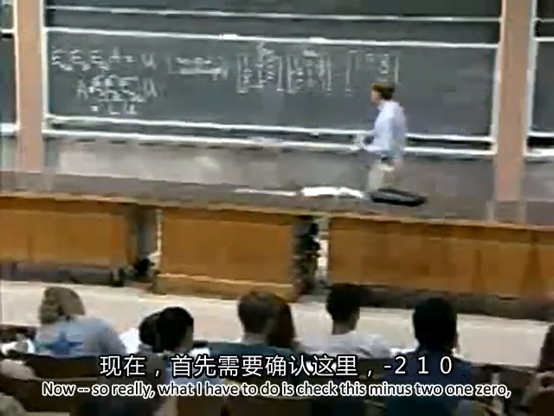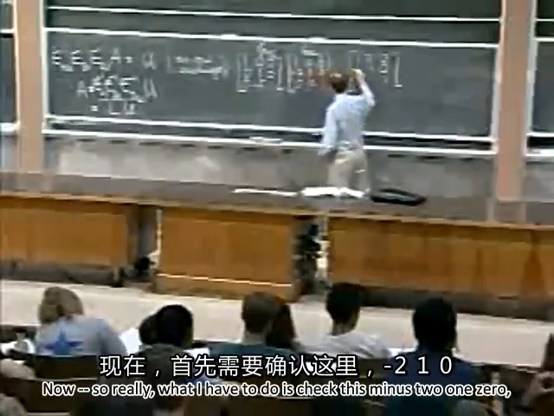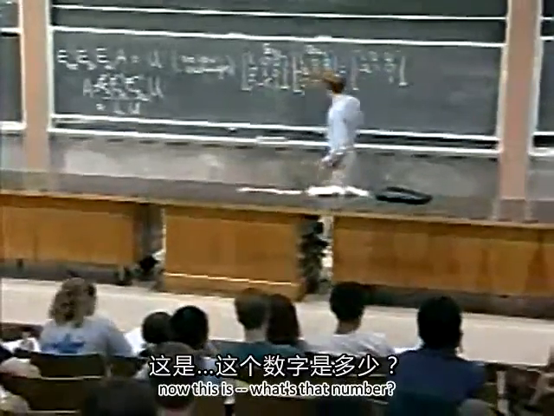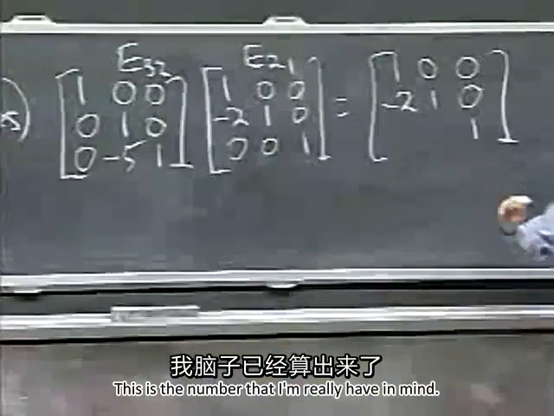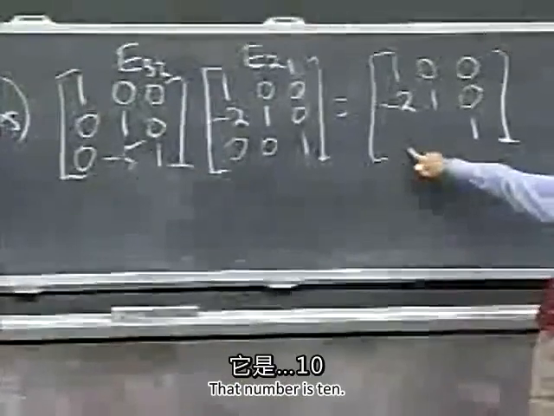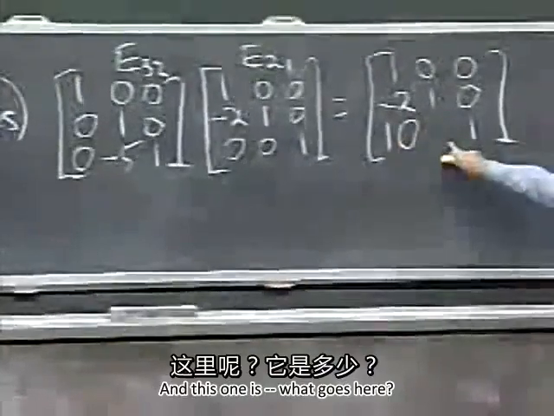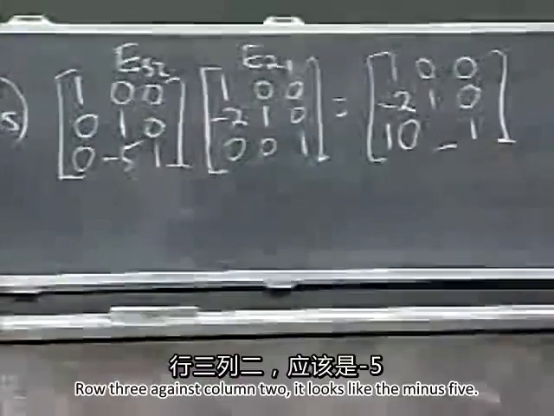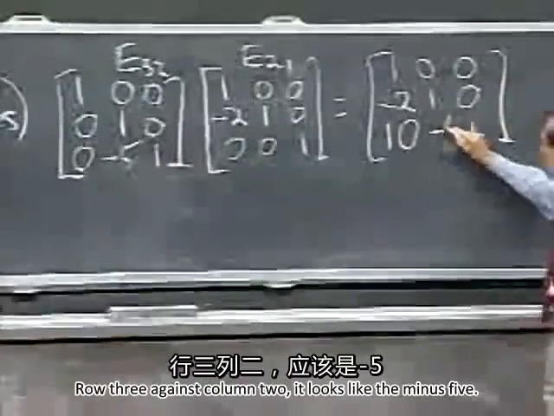Okay, now so really what I have to do is check this, minus 2, 1, 0. Now what's that number? This is the number that I really have in mind. That number is 10. And this one is, what goes here? Row 3 against column 2 looks like the minus 5.